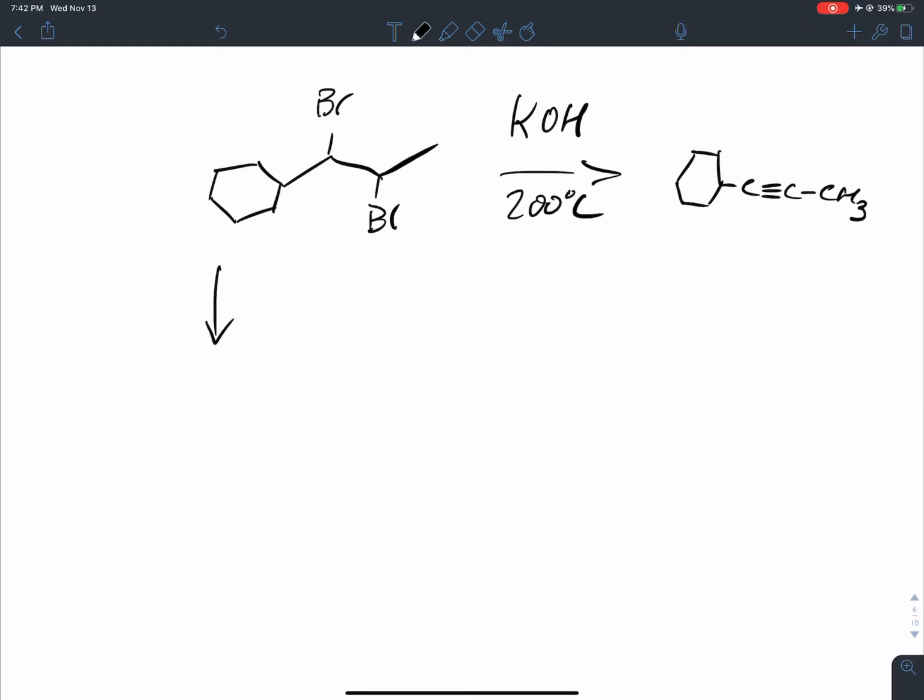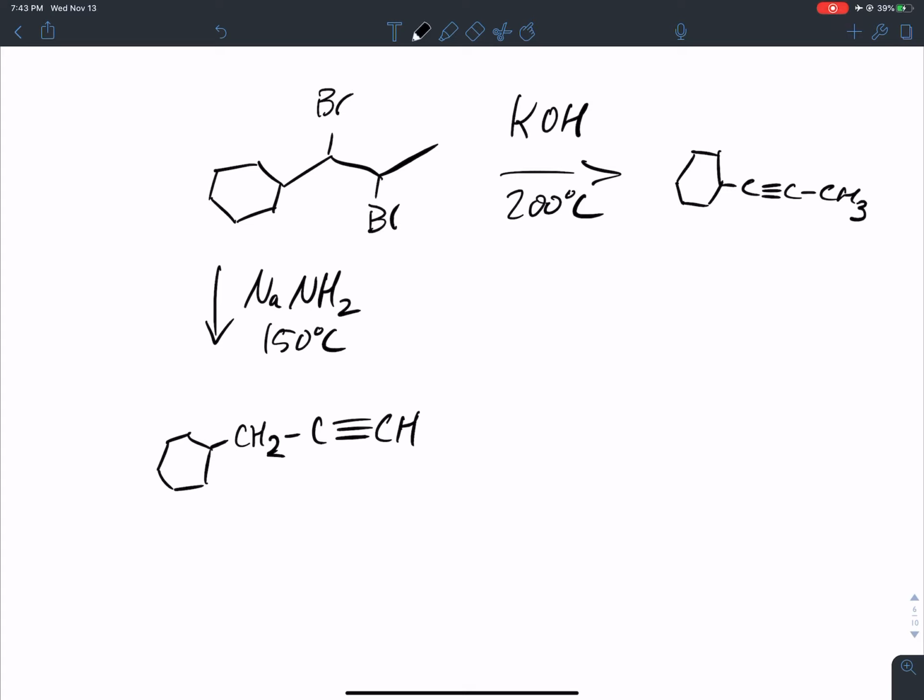If you used sodium amide, NaNH2, at 150 degrees Celsius, is that going to generate an internal or a terminal? Terminal, exactly. So we're going to have this CH2 connected to a C triple bond to a C. Are we going to have an H at the end there? Initially, yes.